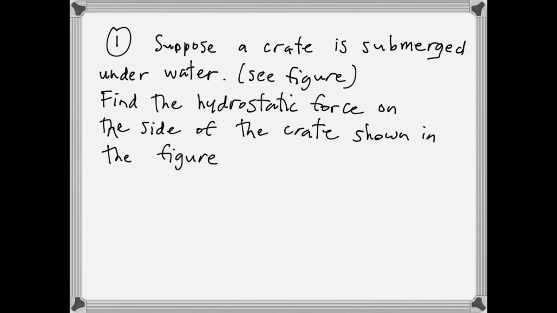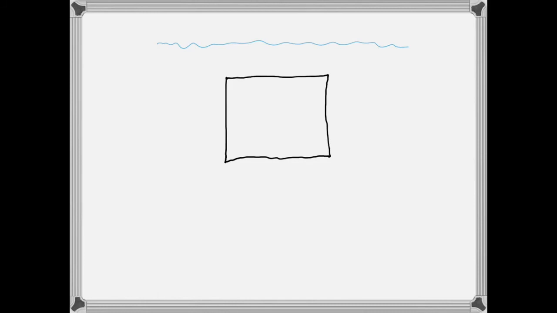So I'm going to draw this picture on the next page. We've got our water surface, which I'm going to draw here. There's our water surface. And our crate looks like that.